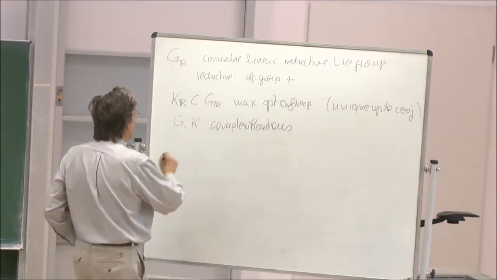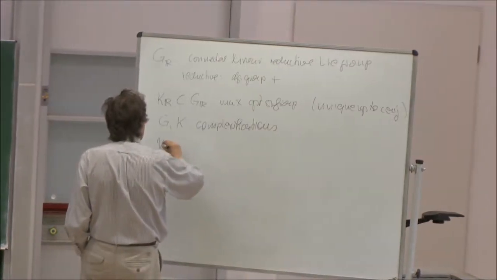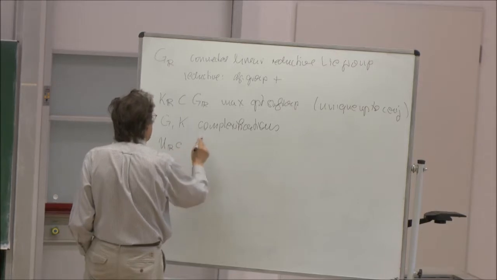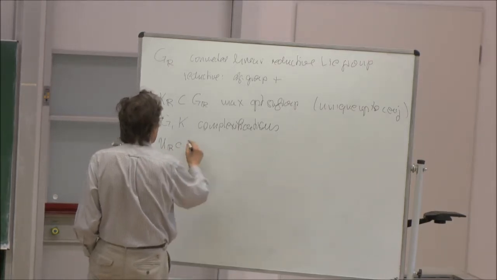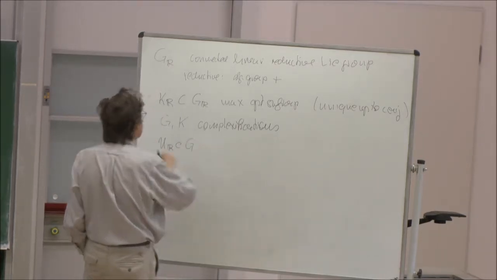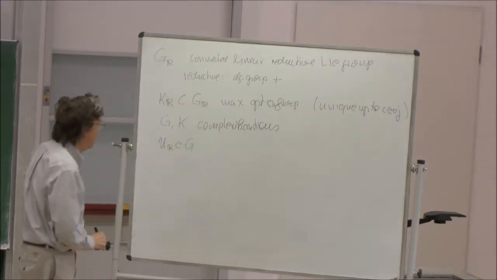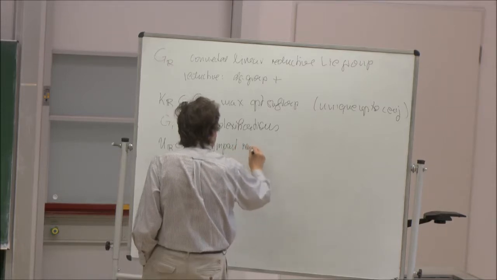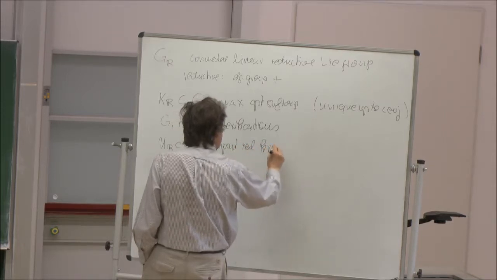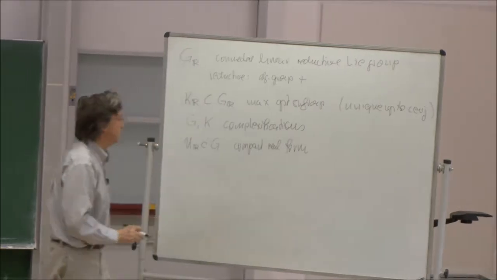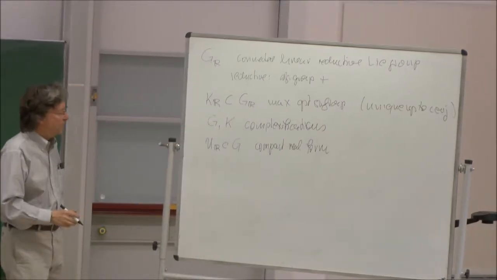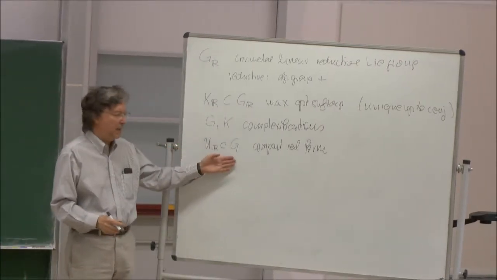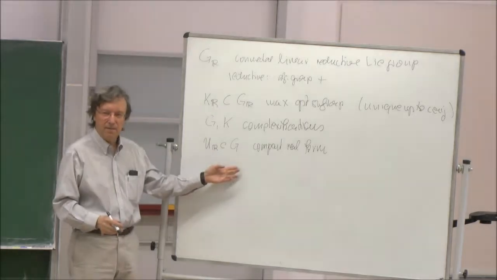And then I choose U_R in G, where G is the complexification of G_R, a compact real form: a compact Lie group that sits inside G the way R^n sits in C^n.